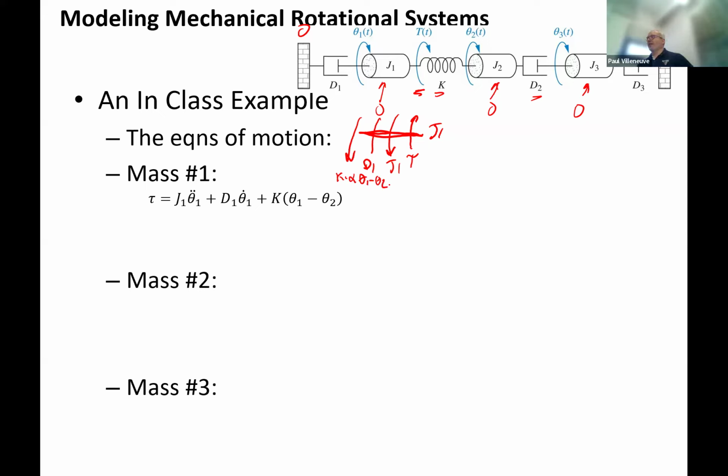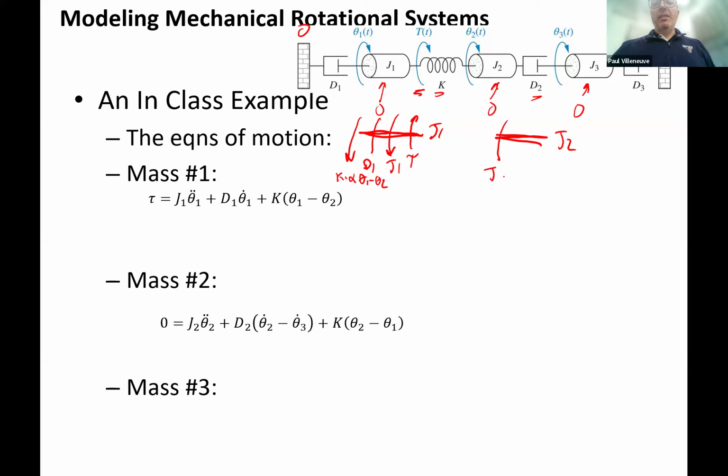Anybody get that first equation? Good. How about the second one? Here's J2. No applied torque. So all the torques are going to be opposing. Let's do the easy one. That's J2. That's pretty much the only easy one, right?